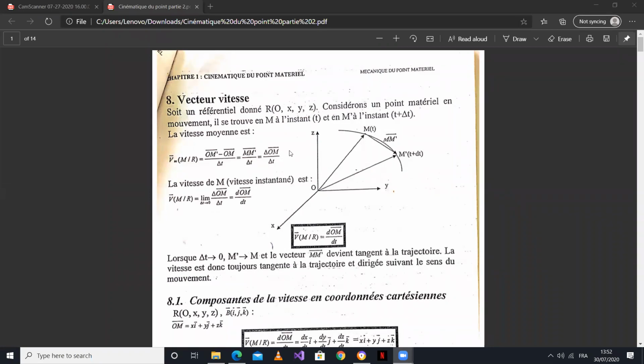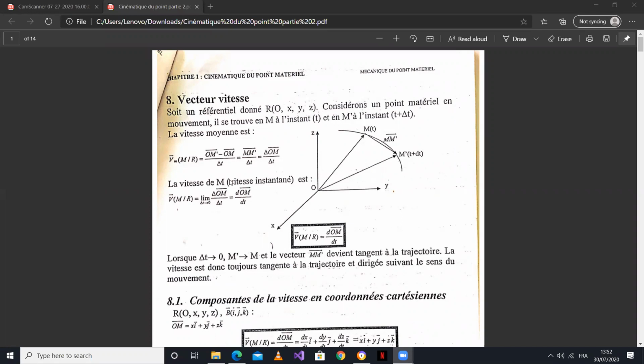And you get that. So it's going to be delta OM over delta T. The change in distance over the change in time. Yeah, the displacement moved over the time, same physics you are used to in high school and wherever you did velocity, acceleration et tout ça.